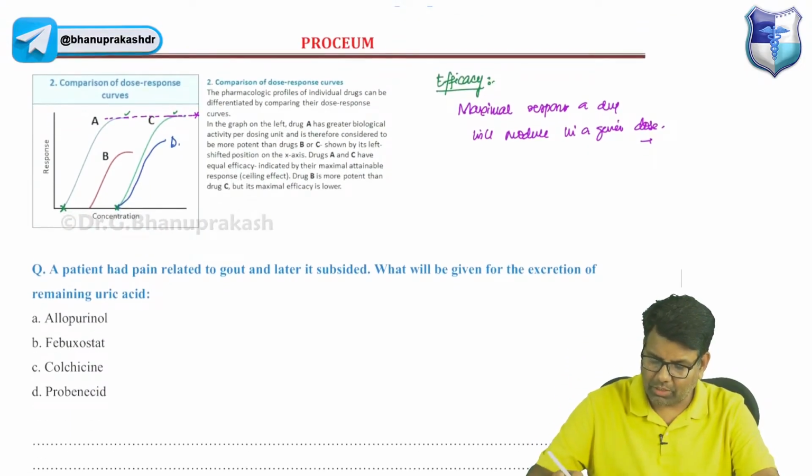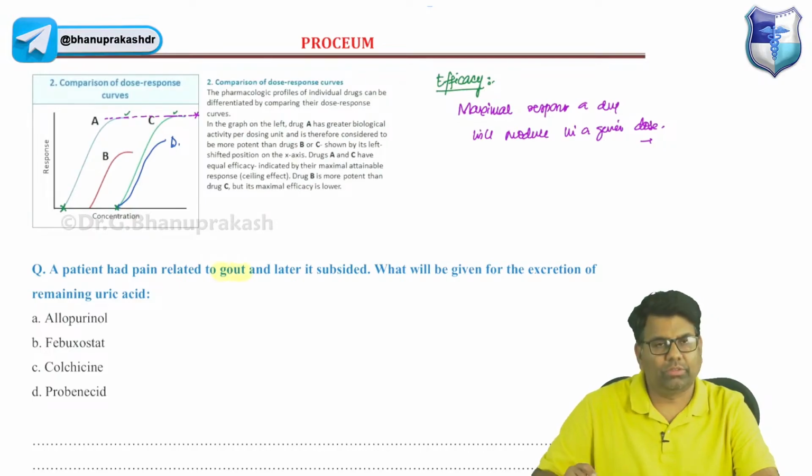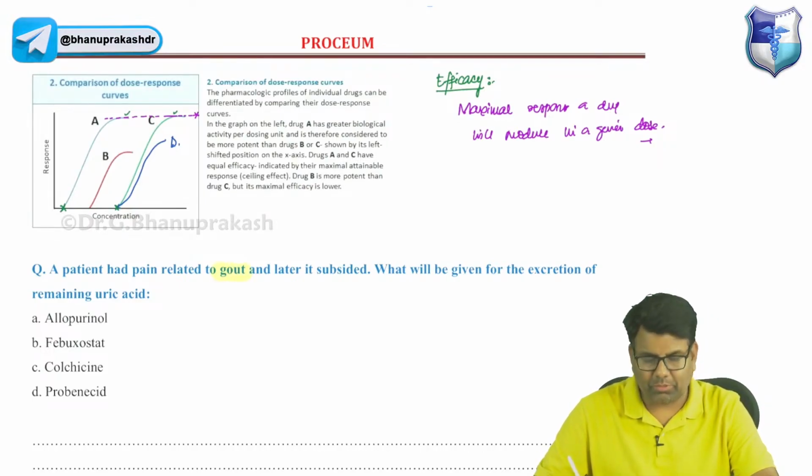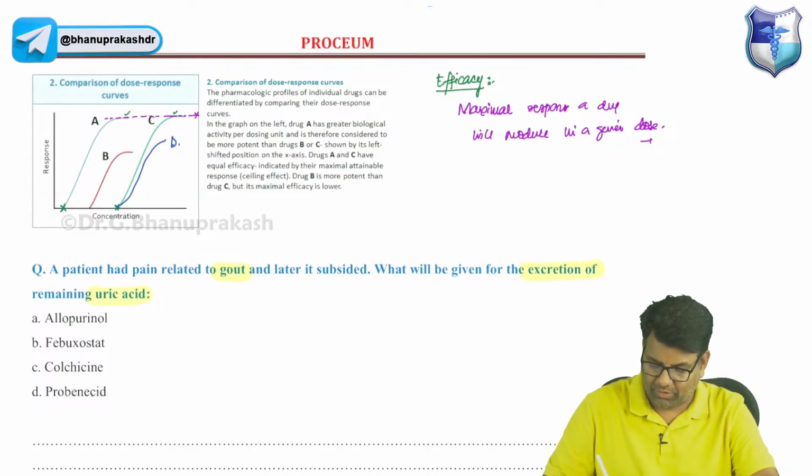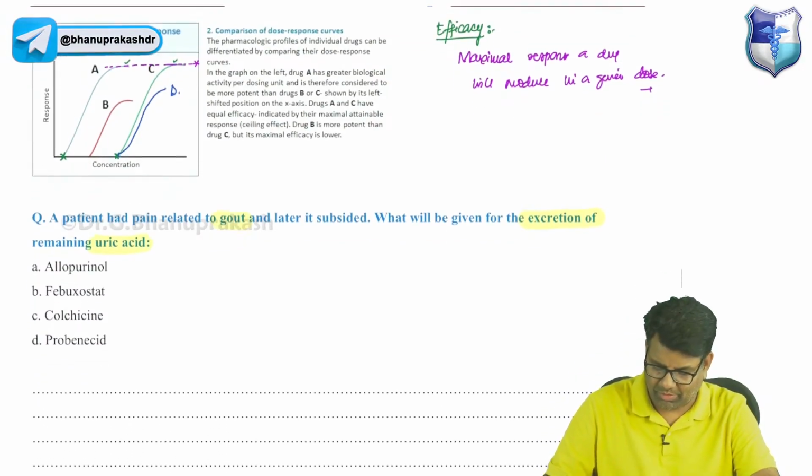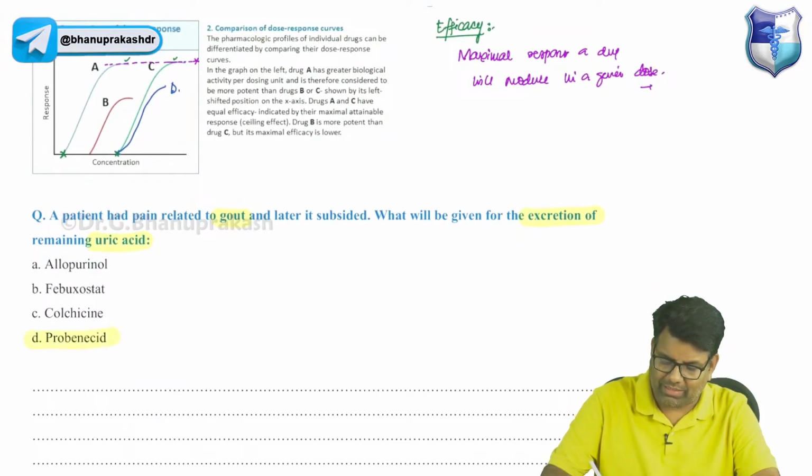Okay, next question. A patient has pain related to gout and this pain subsided. Now we want to promote the excretion of uric acid. Which drug? Yes, you are absolutely right. This is probenecid.